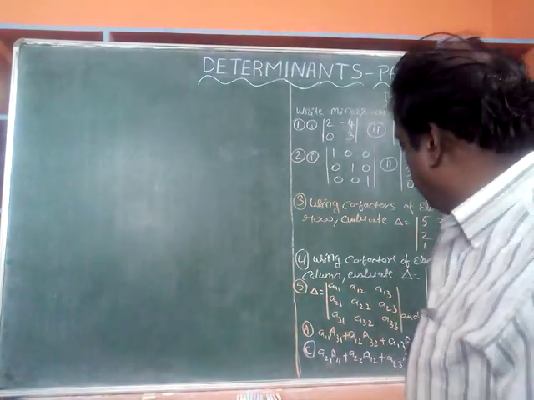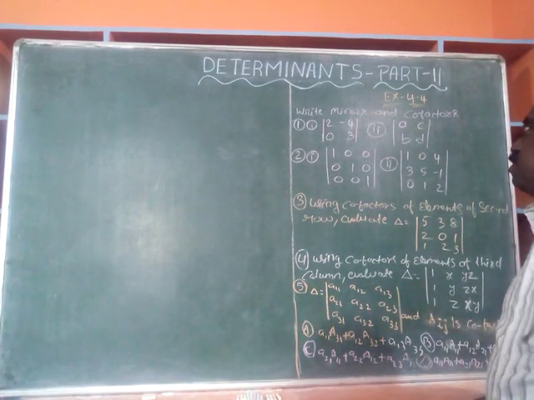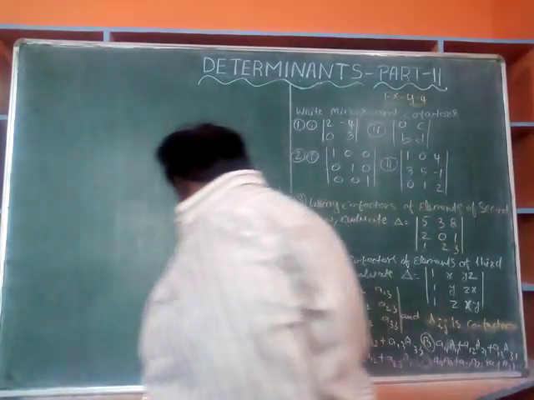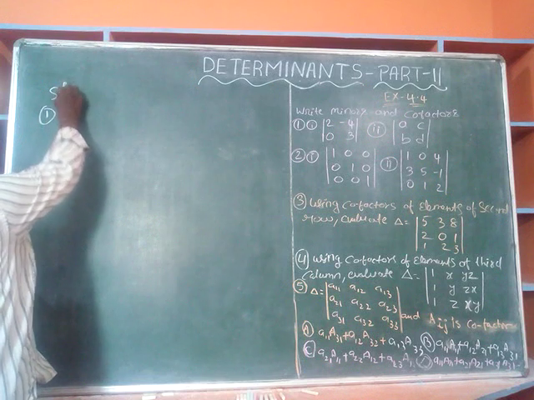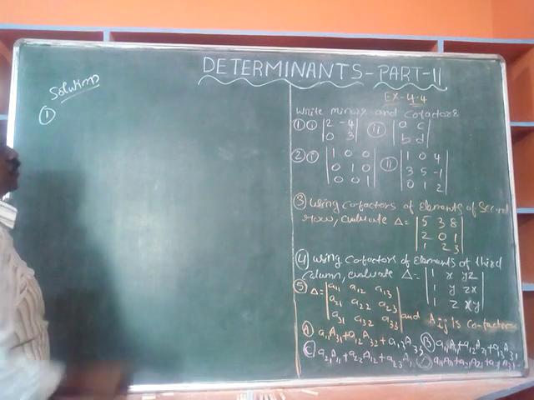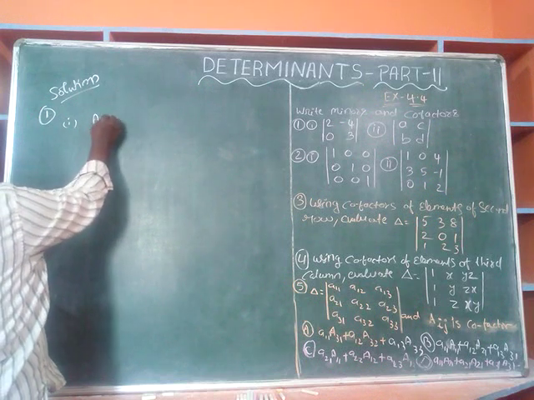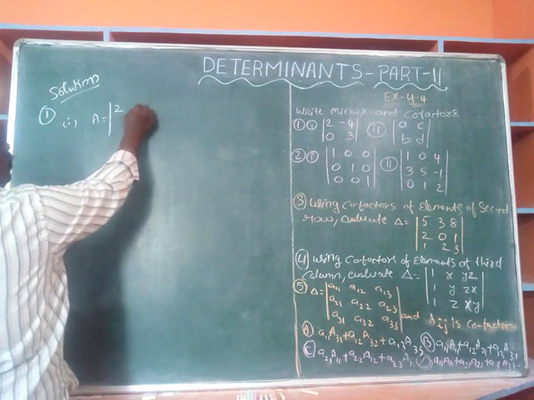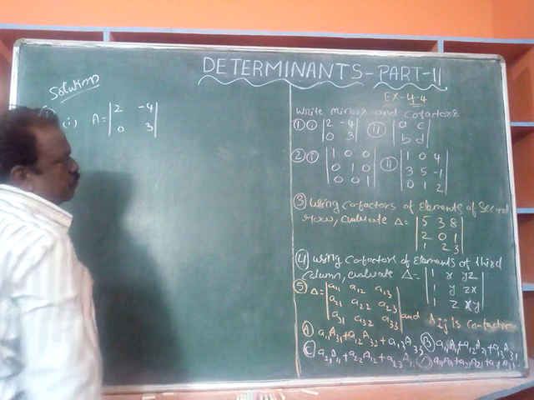You see, by using those concepts of minor and cofactors, the solution of problem number 1. First one: A is equal to the determinant 2, -4, 0, 3 is given.